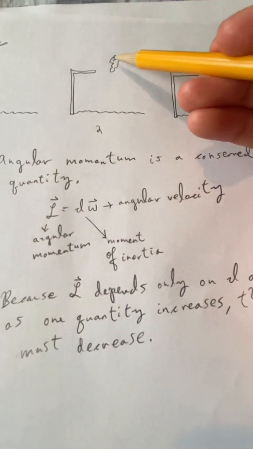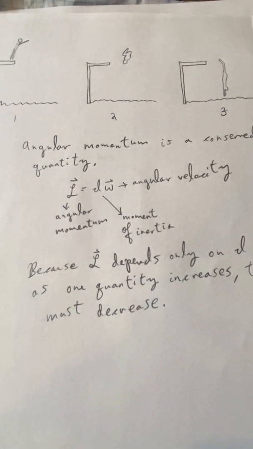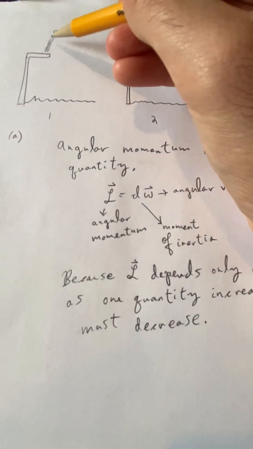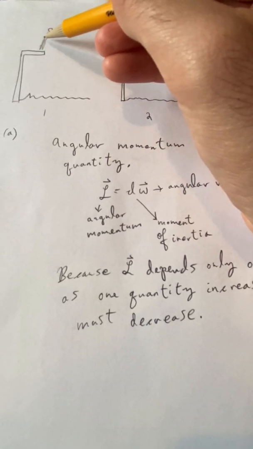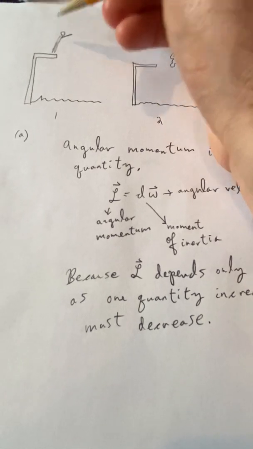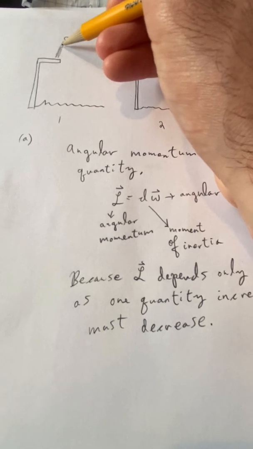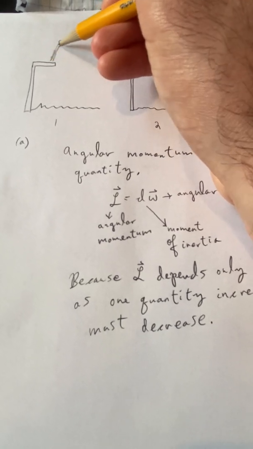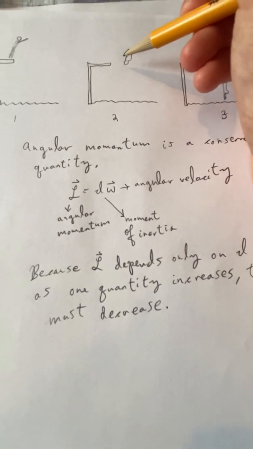In figure 2, the diver is compressed. So in general, the average distance of the diver's mass from the center of mass, which is somewhere around here, is going to be larger in figure 1 and figure 3, and smaller in figure 2.